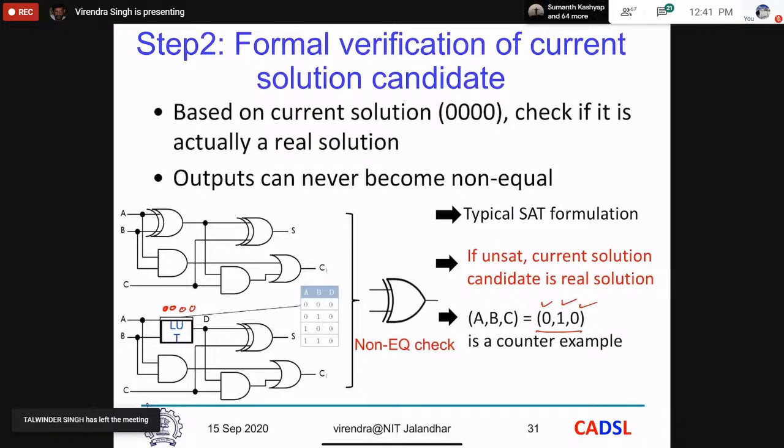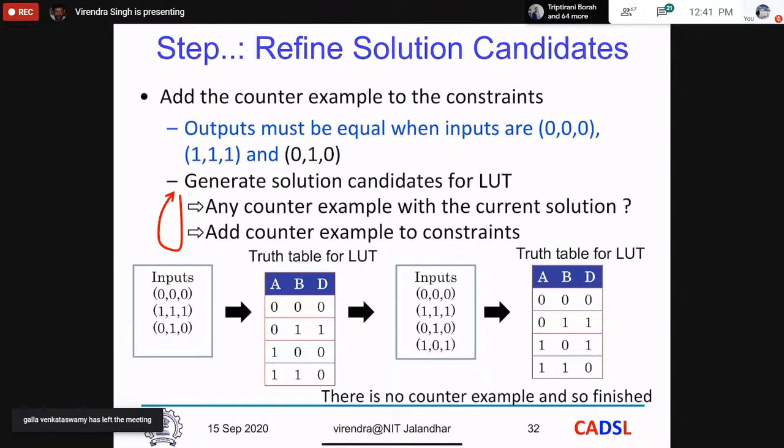Inputs are not variables now. Inputs are fixed, and I want to find out another configuration. And that configuration is like this one, 0100. This will satisfy all three instances. So the output must be equal when the input is 000, 111, also 010.